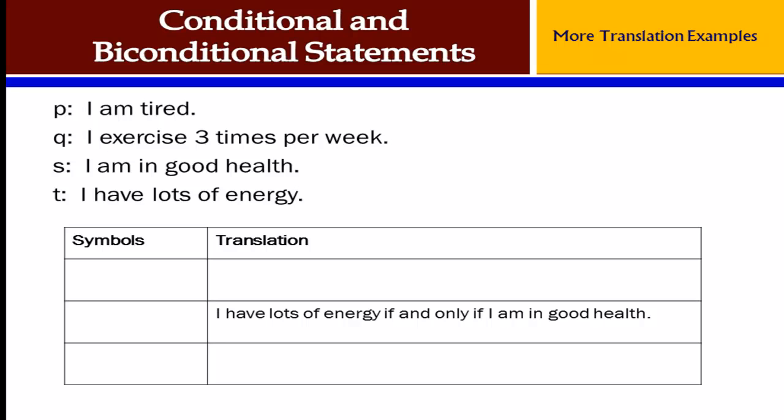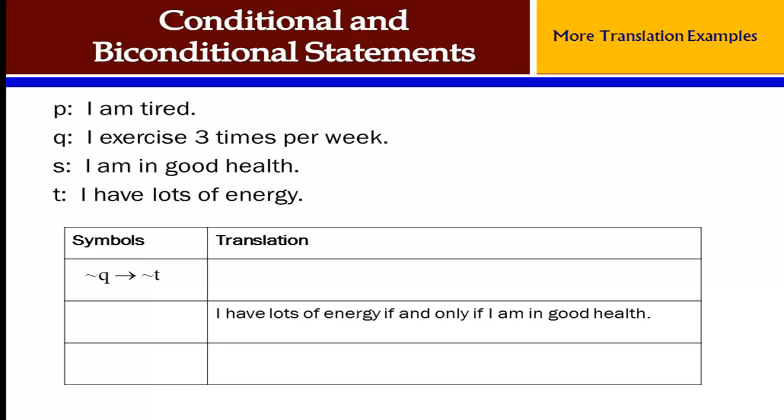So here's a table, and we're going to complete the translation for the first one, which is if not Q, then not T. Remember that the arrow is an if-then statement. If the first statement, then the second statement.